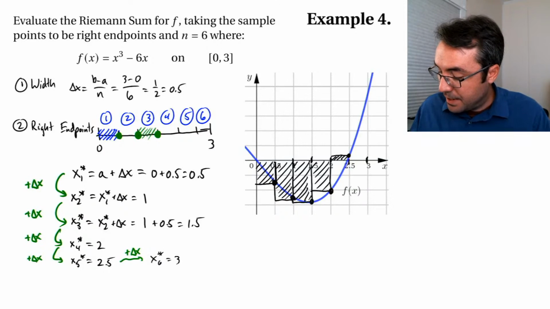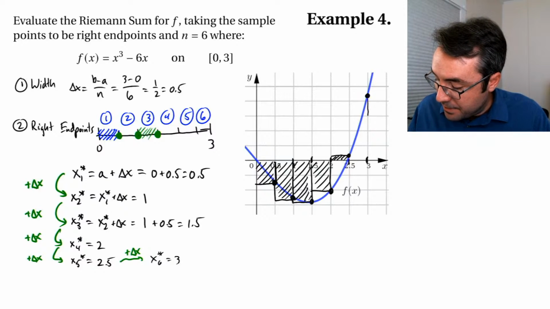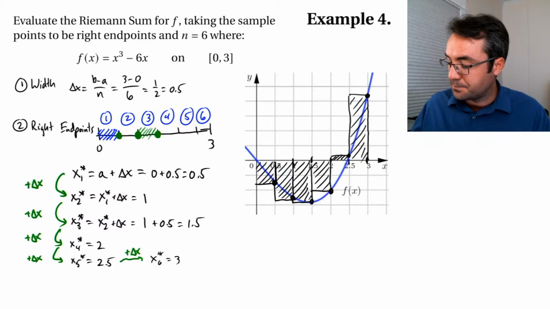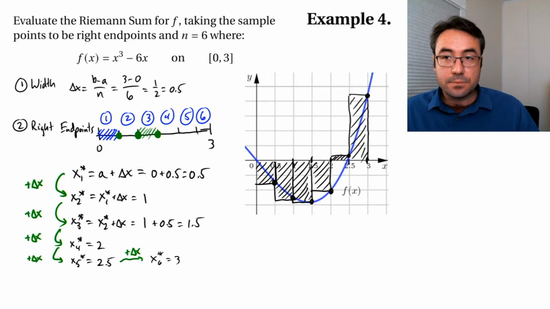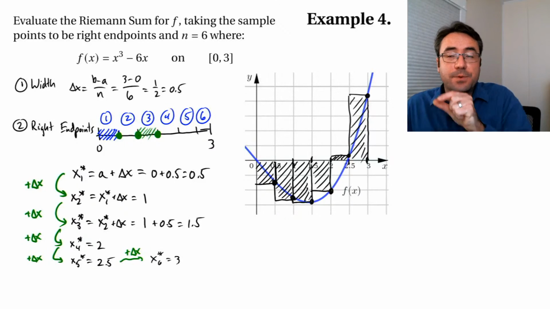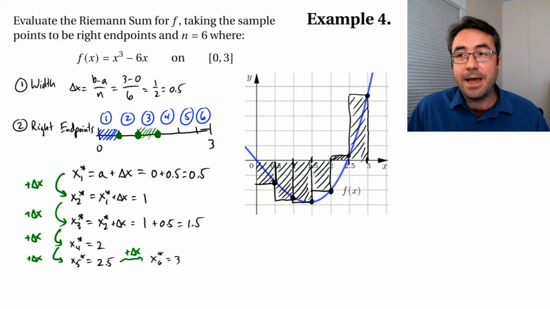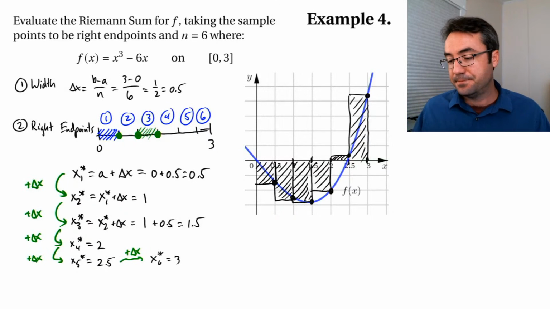So we find 3 on our x-axis. We read up until we hit the curve, and that gives us our last rectangle. And so what we're going to do then is find the area of each of those rectangles, essentially, and add them all together.